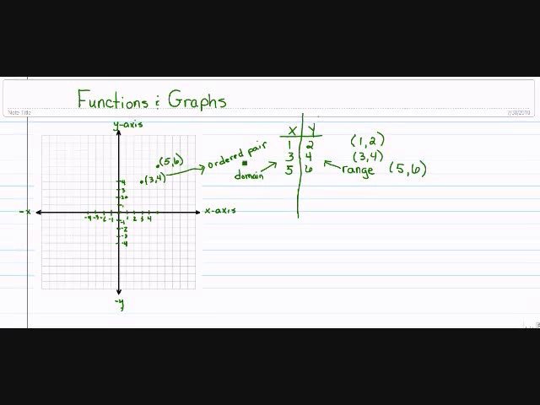Now let's talk about which one would be your independent and which one would be your dependent, and how exactly you would know. And I'd like to use some real-life examples in using independent and dependent.